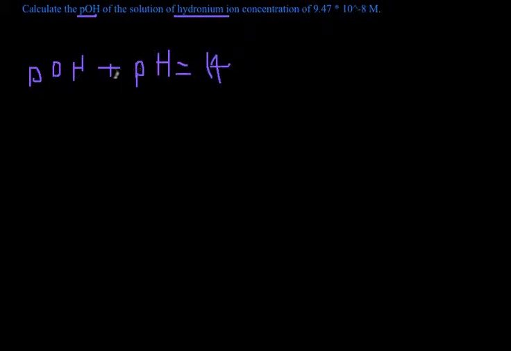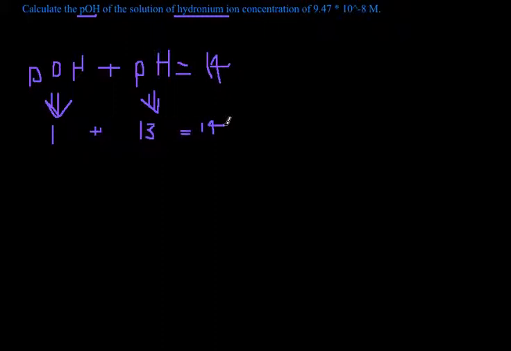Because let's say you have a substance that is basic. Let's say its pH is 13. Its pOH is going to be basic, and remember, for pOH, basic is less than 7. It's going to be 1. So those add up to 14, because pH and pOH are opposites.